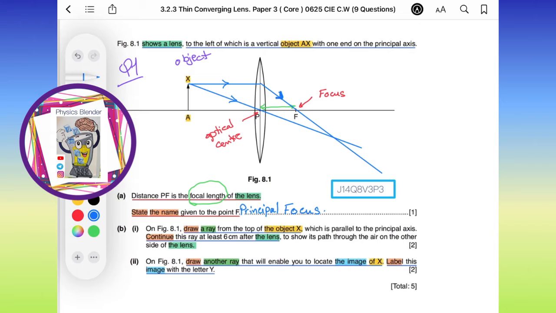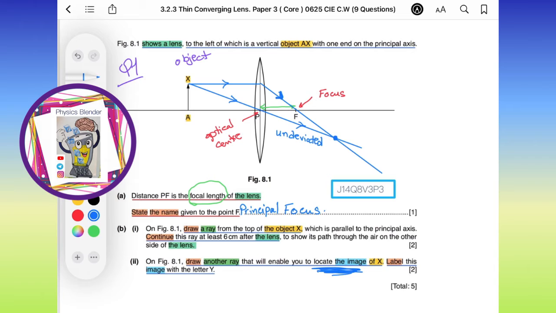This ray passes through the optical center and is undeviated: no change in direction, no refraction, it will continue in a straight line. Where the two refracted light rays intersect, this is where you can locate the image of X.